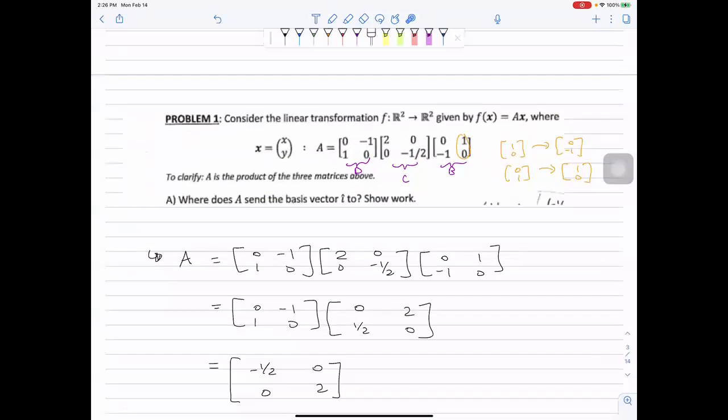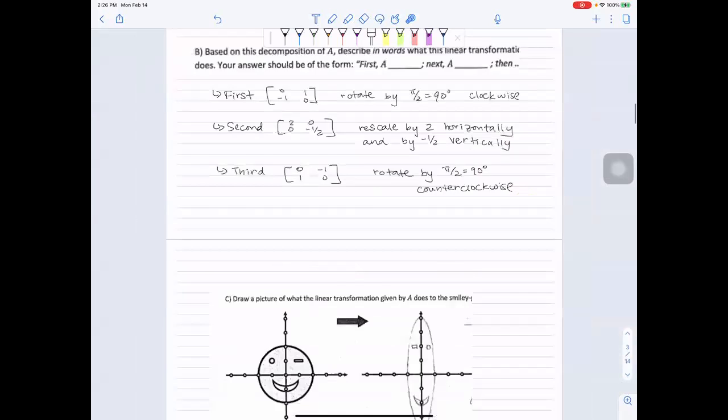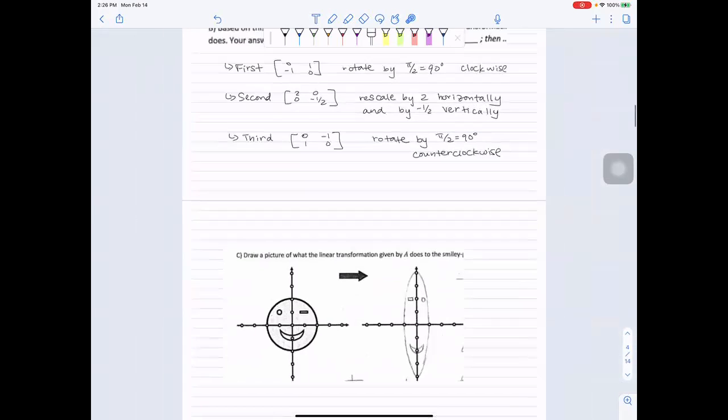Wait, if you had 2, 0, -1/2... It would say 0, 1. Negative. I feel like you're right, but that's why it flips the eyes.